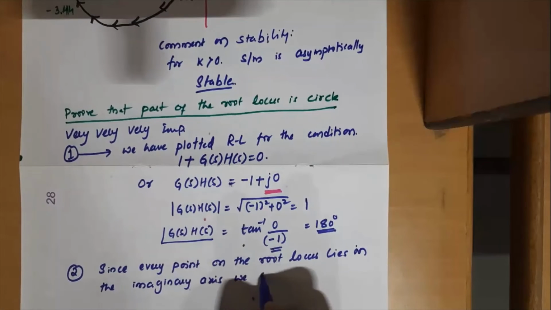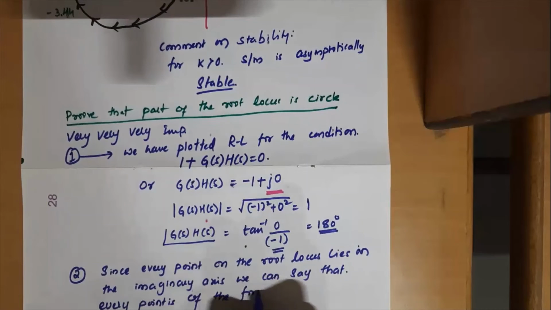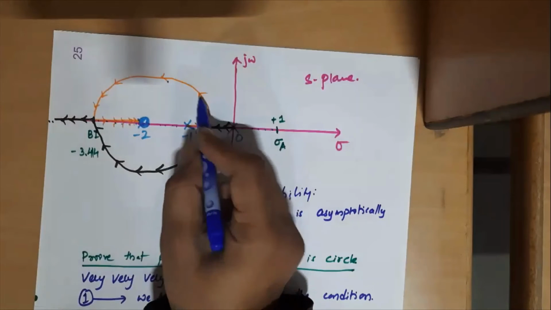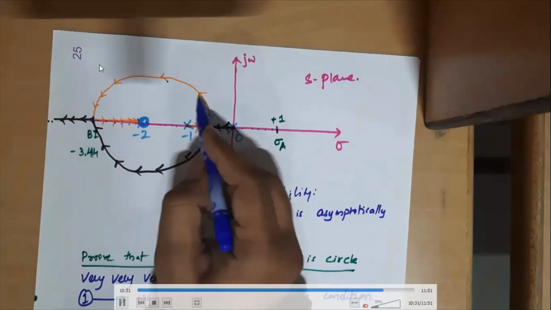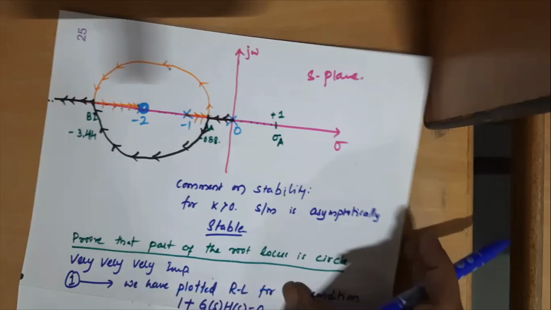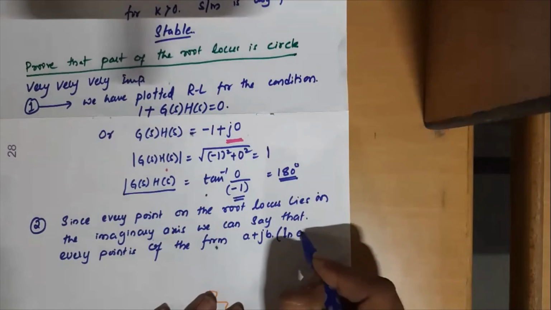On the imaginary plane, we can say that every point is of the form a plus jb. So in this complex plane or imaginary plane, better we call it a complex plane, wherever you take a point, it can be written in a plus jb form. And if it lies on the real axis, it is only a real value. If it lies on the imaginary axis, only an imaginary value. But in general, it is a plus jb form. Any point on the complex plane.